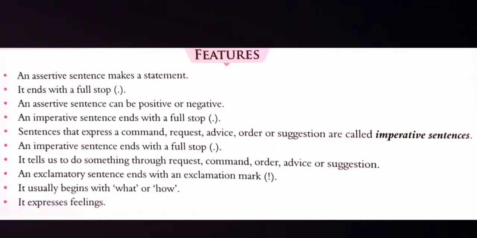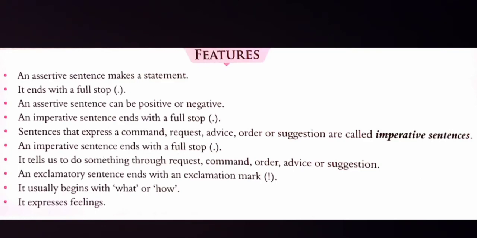So now let's revise kinds of sentences. An assertive sentence makes a statement. It ends with a full stop. An assertive sentence can be positive or negative. Sentences that express a command, request, advice, order or suggestion are called imperative sentences.